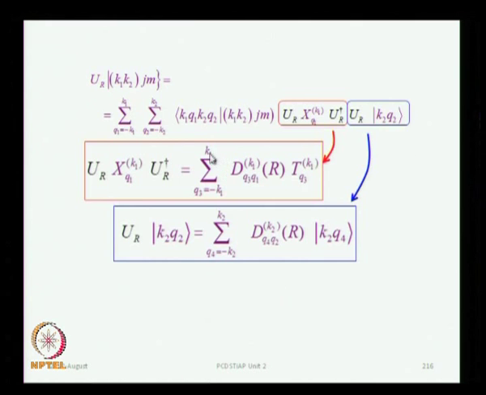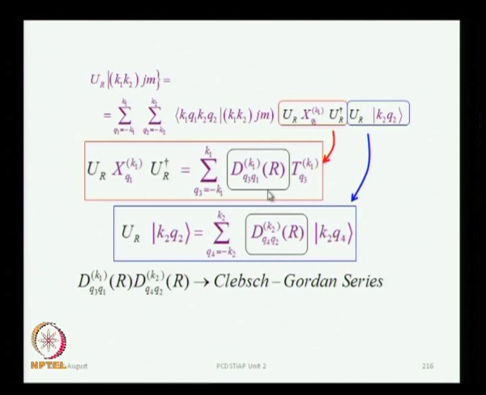Now you have a summation over q3 and a summation over q4. So there already are 4 summations. Now what do you have over here? You have a product of this D matrix element with this D matrix element, and you can look at this product using the Clebsch-Gordon series which we have studied earlier.